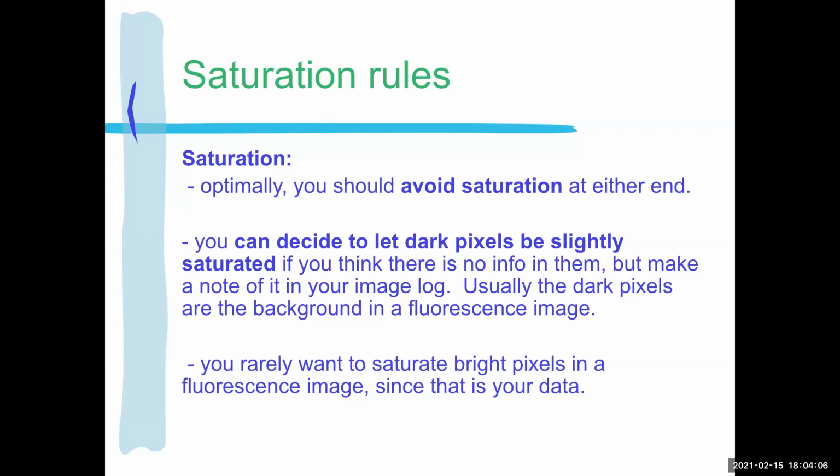Schmutz, officially, is a Yiddish word for junk, dirt, etc., that a lot of microscopists use. So if there's schmutz in your image, basically something fell in there and you're pretty sure it's not part of the specimen you're looking at, and it's super bright, you can choose to blow it out, saturate it out.